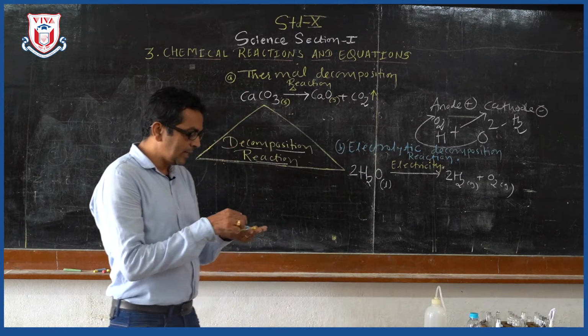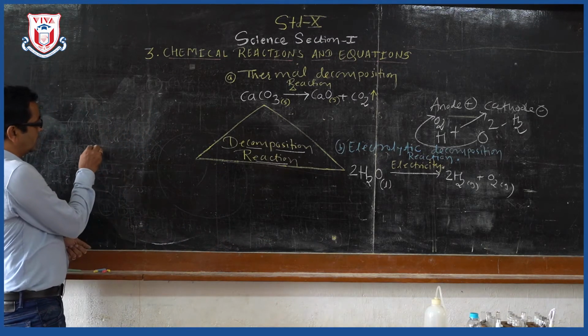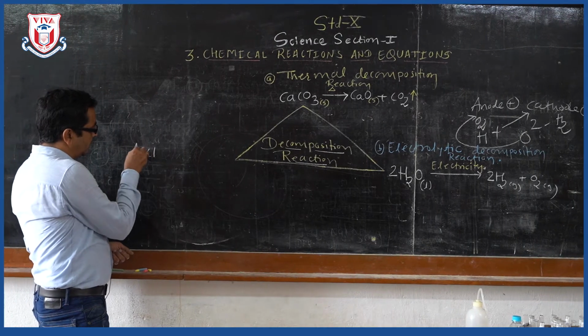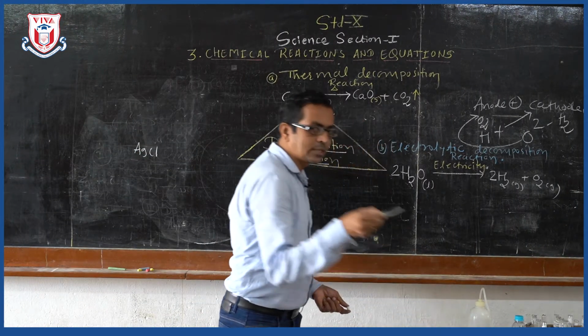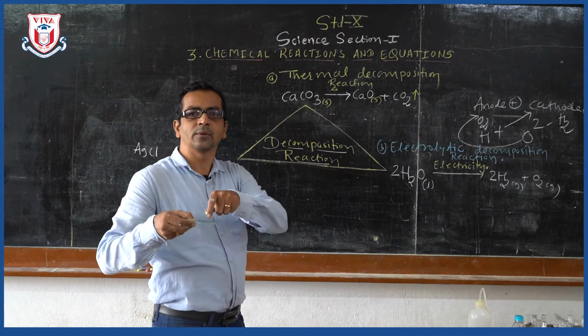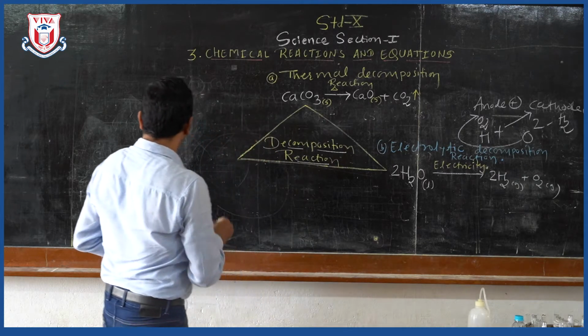Okay, now let's take the third one. Here I will take silver chloride in a wash glass. This is the wash glass. In this wash glass you will keep silver chloride and you will keep it in the sunlight.